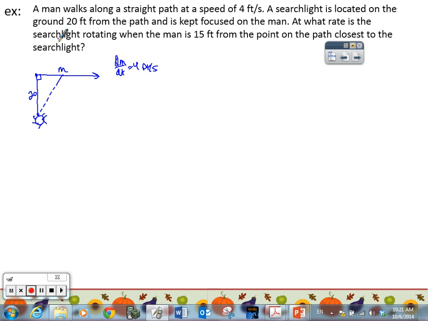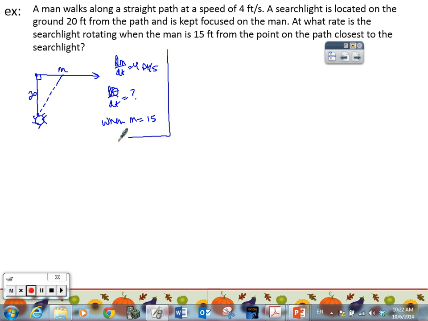And we want the rate that the searchlight is rotating. What kind of a rate is that? A rotation rate, being angular, right? So we want d theta dt equals question mark when the man is 15 feet from the point on the path. So when m equals 15.